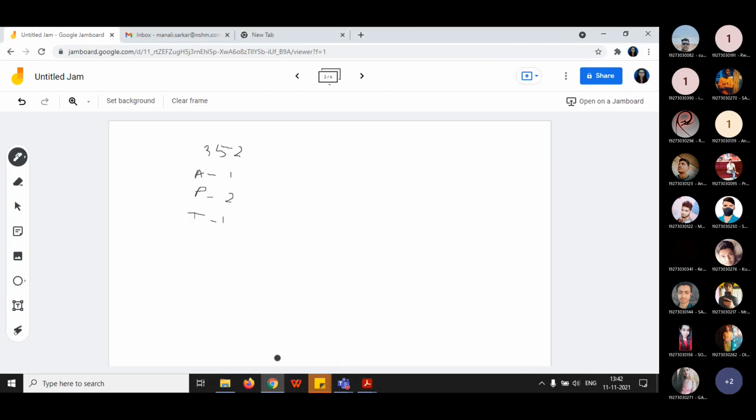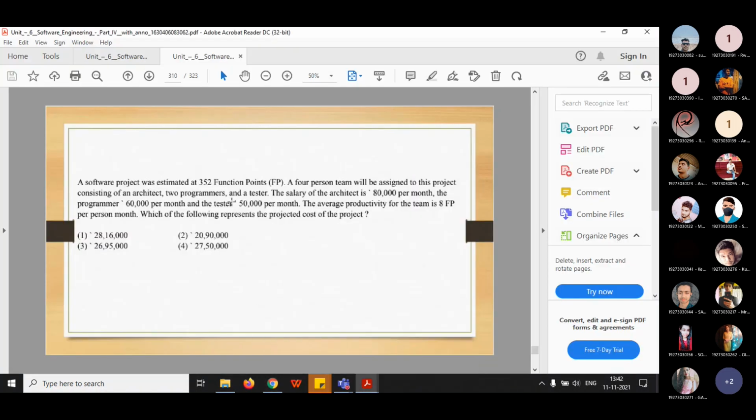So see here, for the students who have not understood this concept. It is given that the salary of architect is 80,000 and only one architect is there.